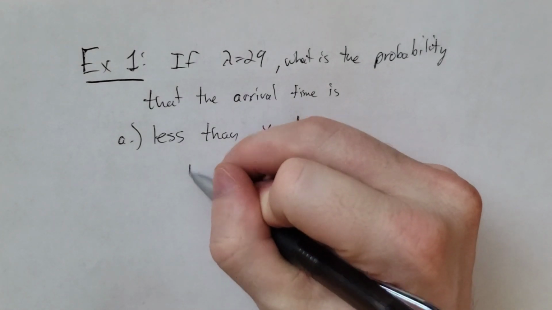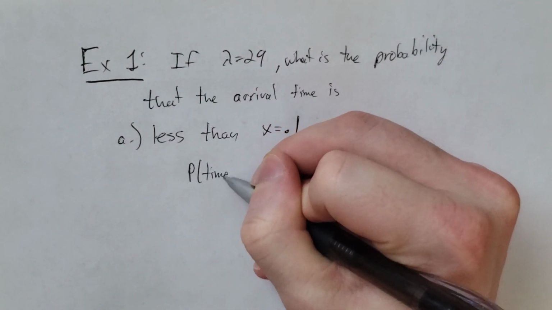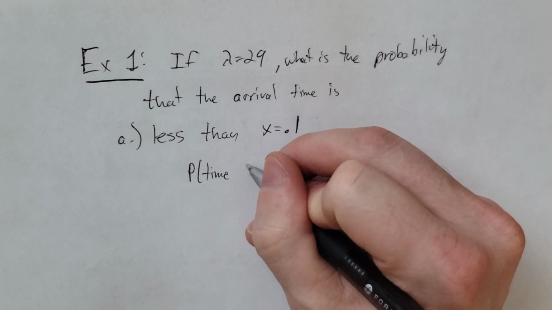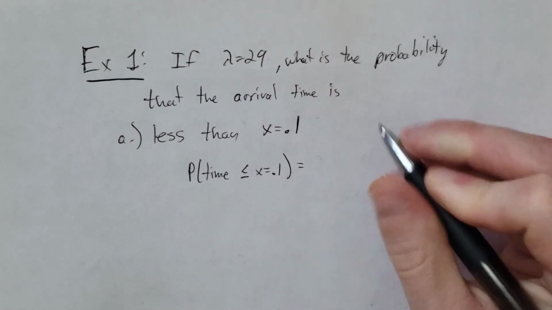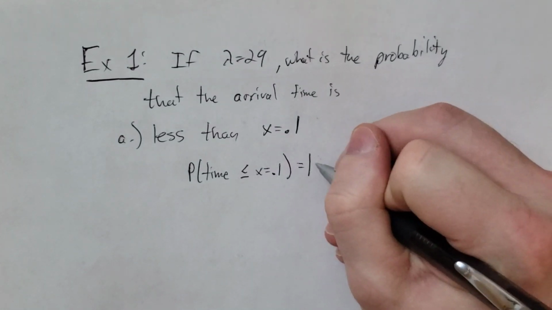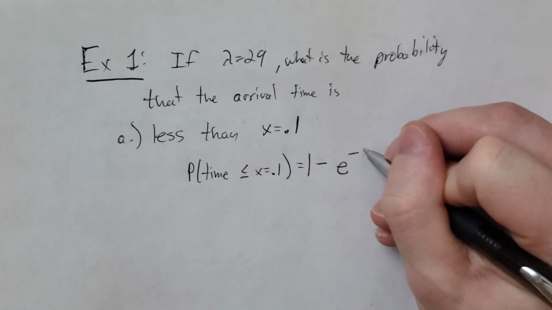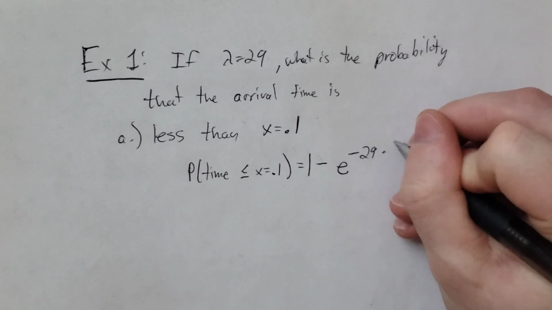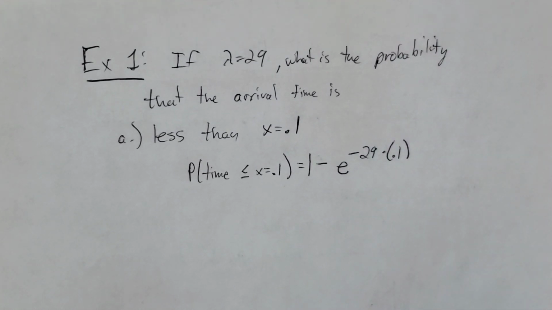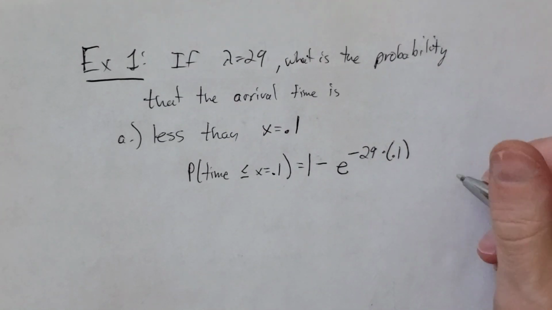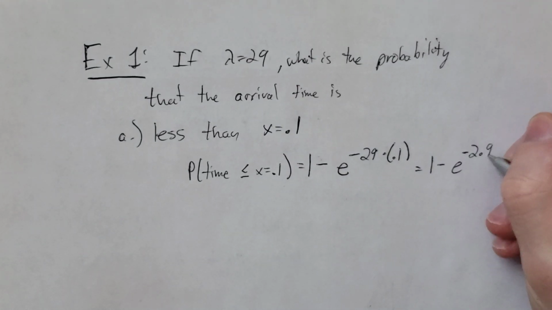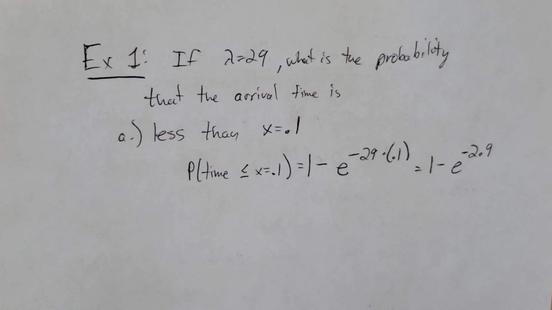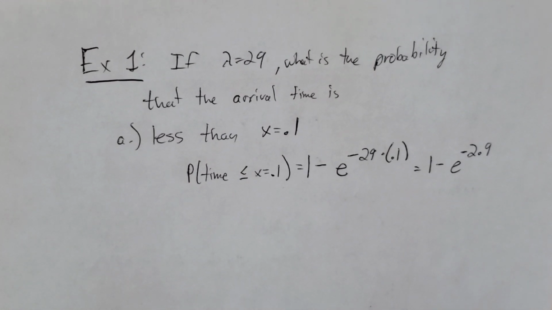Well, we do that using the formula we just had, which is the probability that the time is equal or less than x equal to 0.1. This is given by 1 minus e to the negative 29 times 0.1, which is 1 minus e to the negative 2.9. And then if you wish to have that in decimal form, you can just plug that into a calculator or your computer.